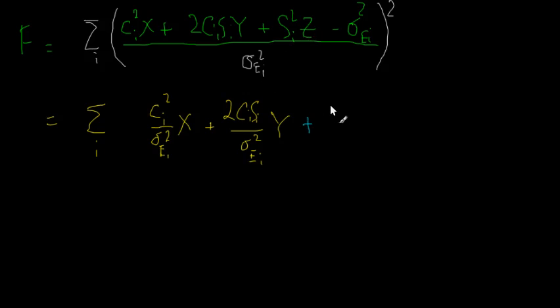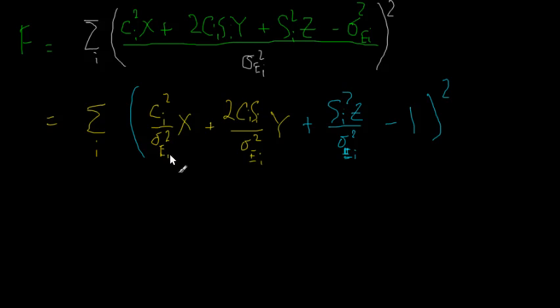And for that one, I have Si squared z over sigma Ei squared. Minus the last one, which will be sigma Ei squared over sigma Ei squared, which is 1. Okay, so we have this. So this is what it looks like.